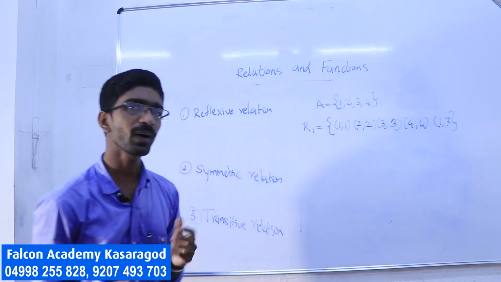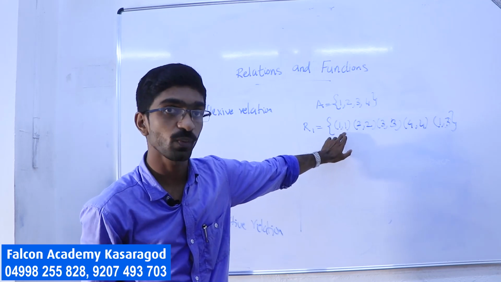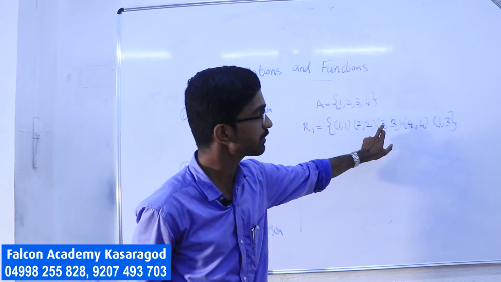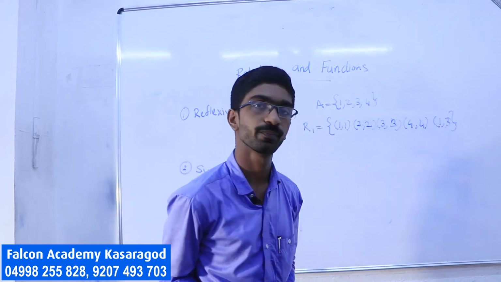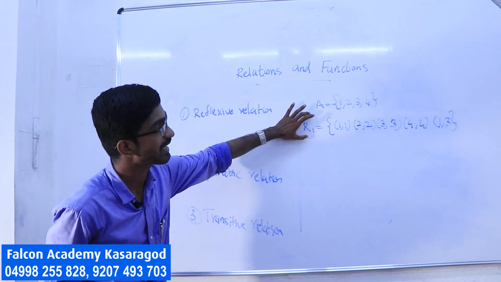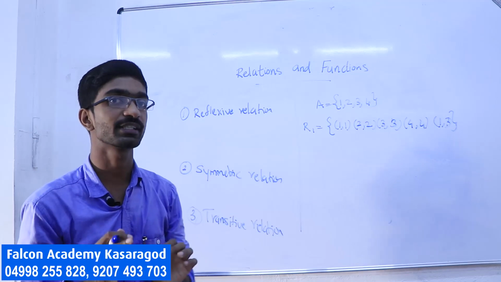Okay, so what is the speciality of this relation? Yes, first element is 1, 1. Both the elements are same. Here 2, 2. Both are same. 3, 3, 4, 4.